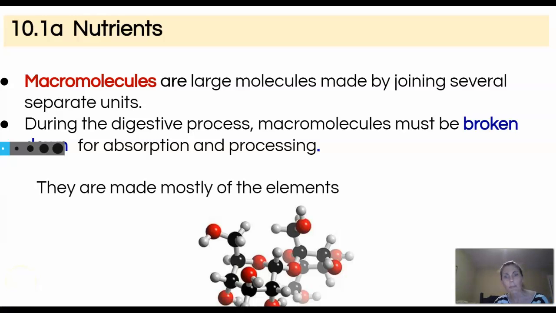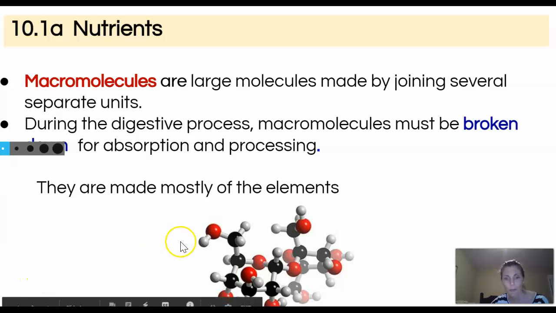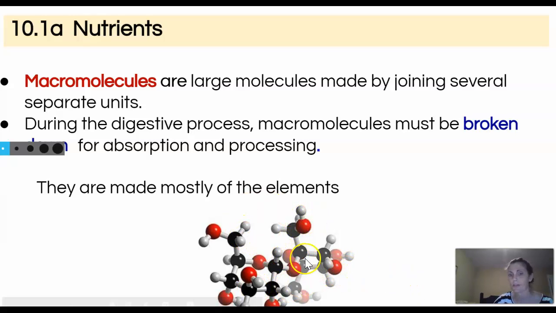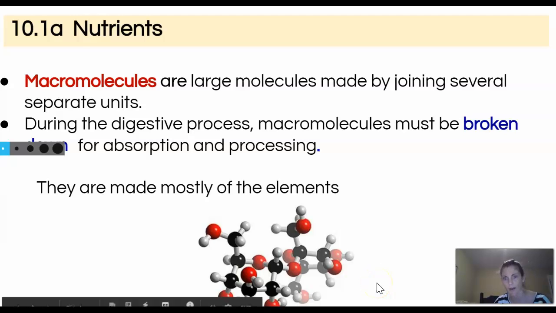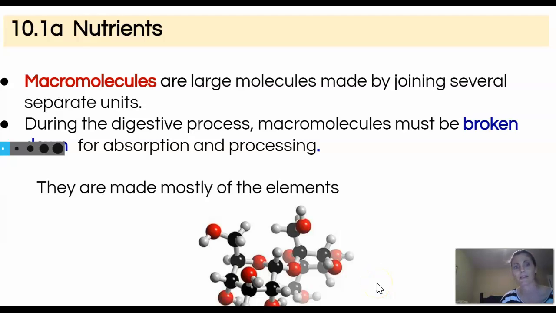Okay, so they're typically made of a certain class of elements, certain types of elements most commonly. If you remember from grade 9 science when you did molecular models, you might be able to have a guess. So, take a minute to think about, well, what atoms would you expect to see in these macromolecules?